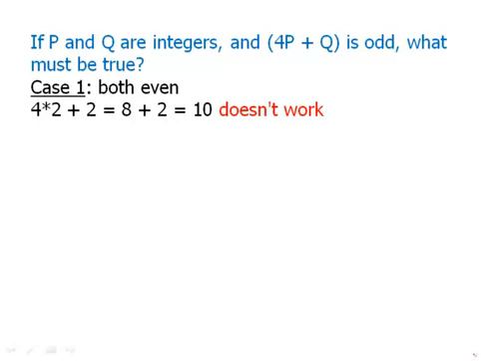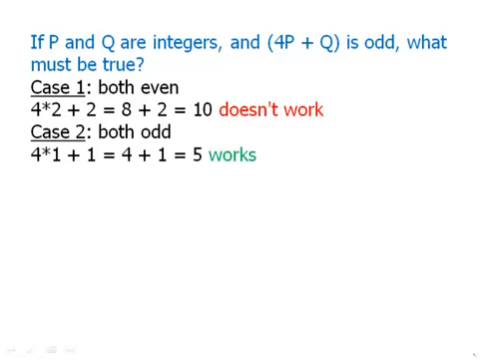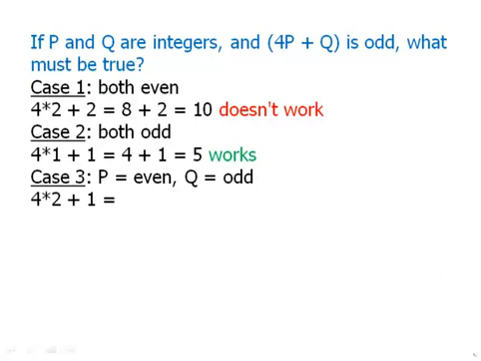Now we'll try both odd. We'll plug in 1 and 1. And we get 4 plus 1, that's 5. That definitely works. So case 1 doesn't work, case 2 works. Case 3, p is even and q is odd. So we're going to plug in p equals 2 and q equals 1. And we get 8 plus 1, 9. That's an odd number. That works.